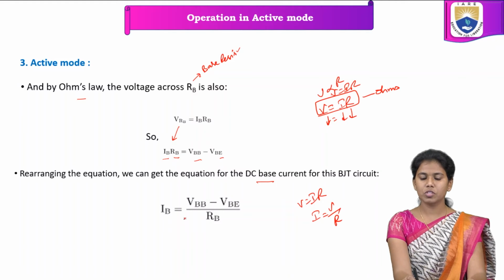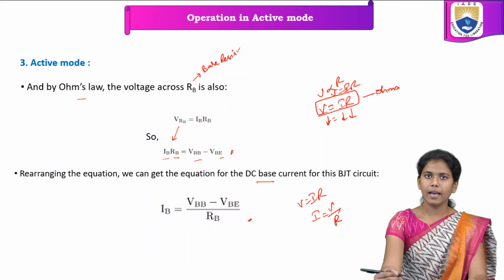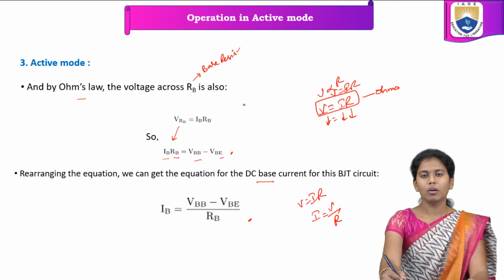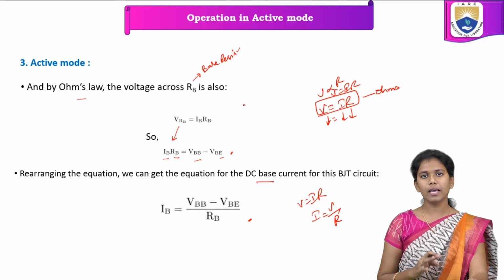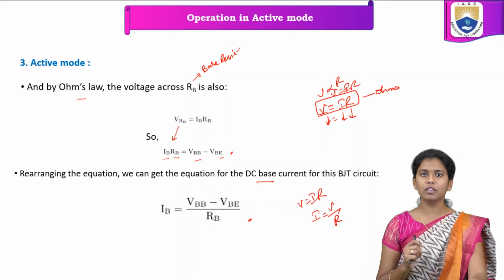So IB equals VBB minus VBE by RB, right? This current we got from the above expression, which we wrote by using Ohm's law. In active mode, the transistor acts in the active mode.